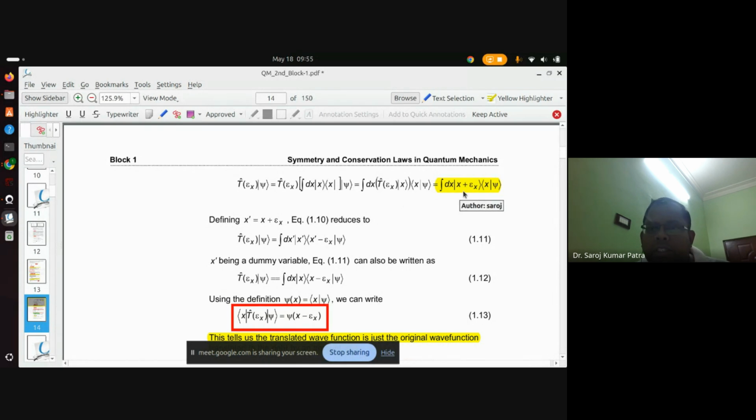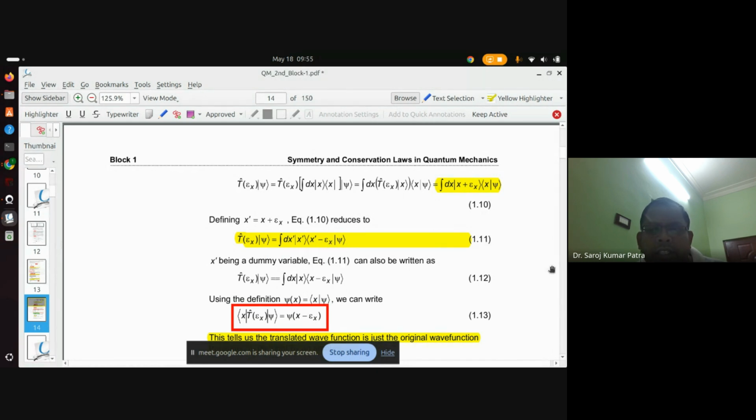Okay. So this equation, integration dx |x plus epsilon x>, can be written like this. T epsilon x operating on psi will be equal to integration dx prime |x prime> <x prime minus epsilon x|psi>.